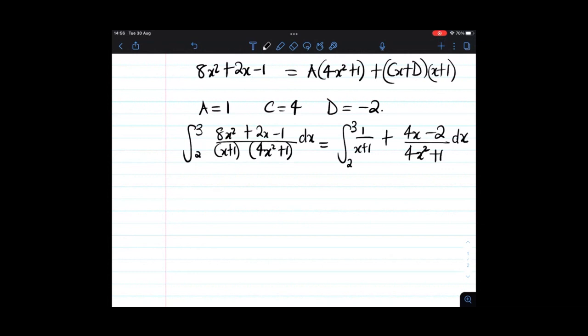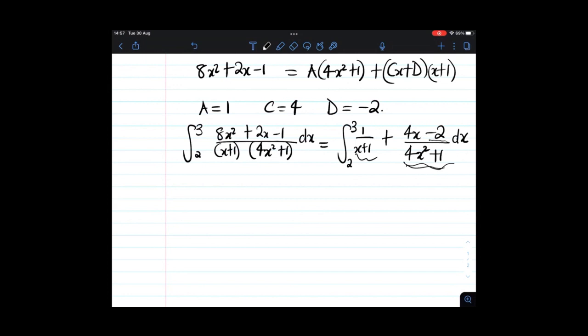All right, and from here we want to integrate, and we can see that the first one is pretty straightforward. The second one, on the other hand, doesn't look like we can do a direct integration here. Because if we try to do that, for example, differentiate the bottom part, we get 8x, but it doesn't include minus 2 here.